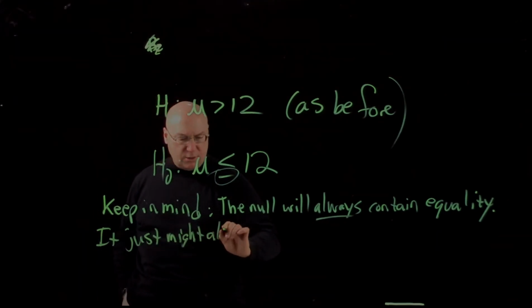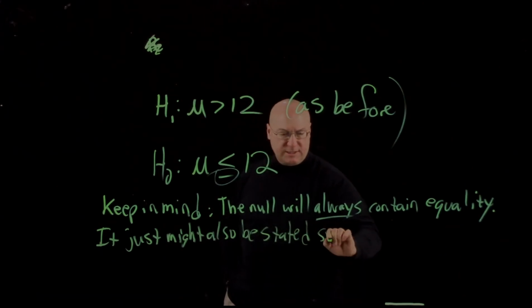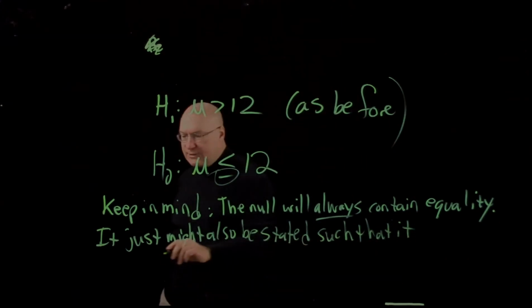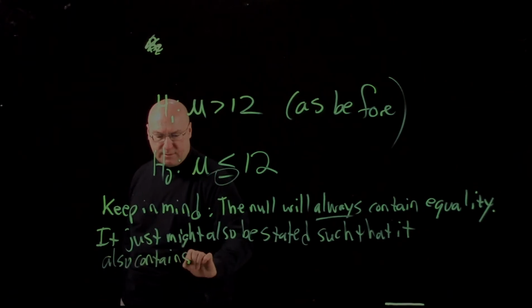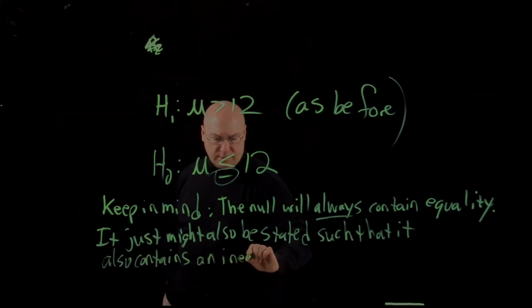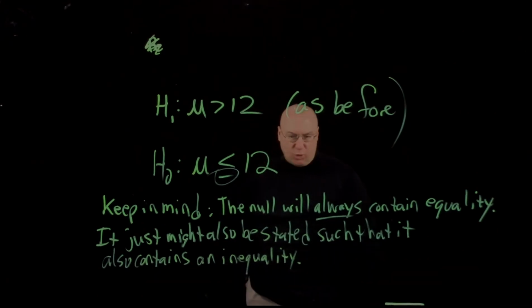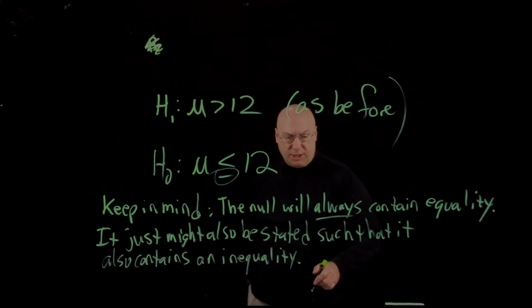It might also be stated such that it also contains an inequality. All right. We say that the inequality is non-strict because it allows for the possibility of equality.